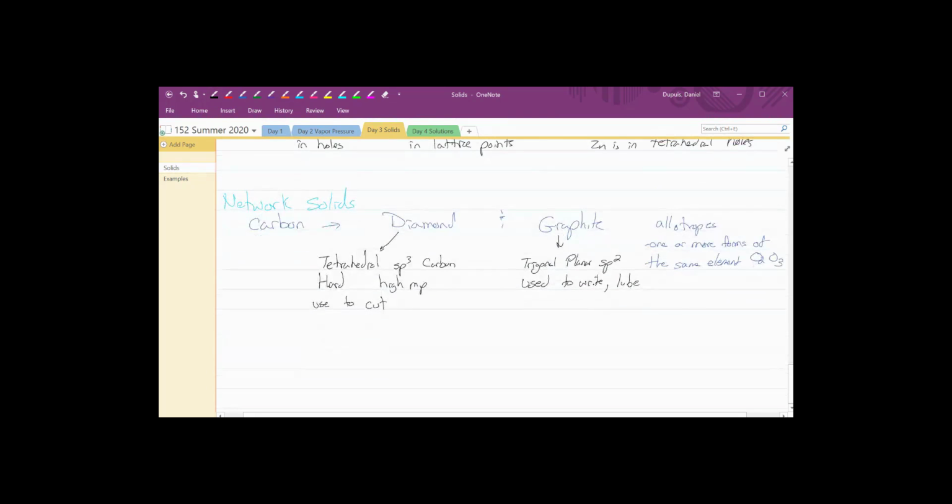And how does this work? You have these hexagonal trigonal sheets of graphite, right? And then below that one, let's draw this good. I'll draw it here, here, here, here, and here.